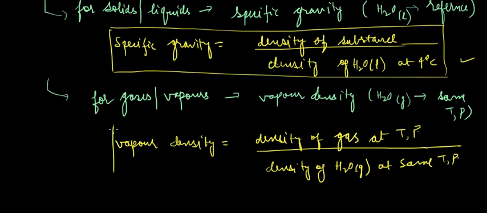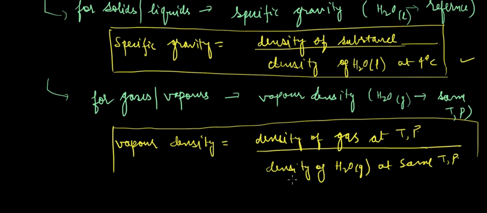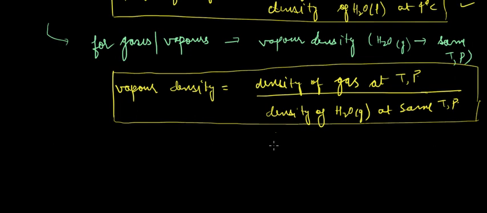Now we know that density of a gas is dependent upon, we have seen this formula that pressure is equal to rho RT upon molar mass. So rho, or density, we are talking about an ideal gas here.